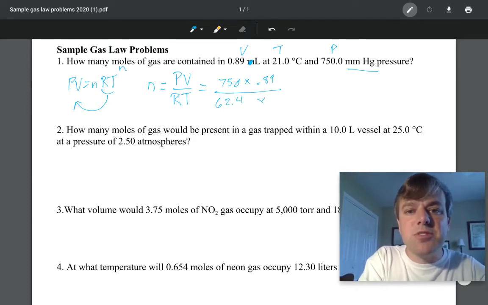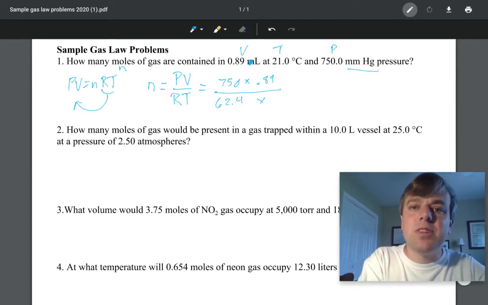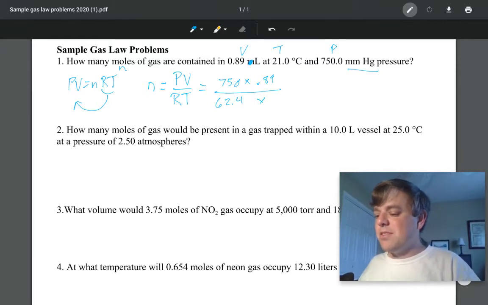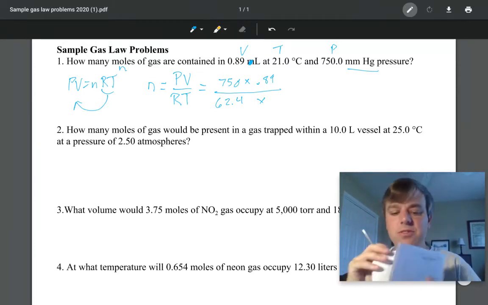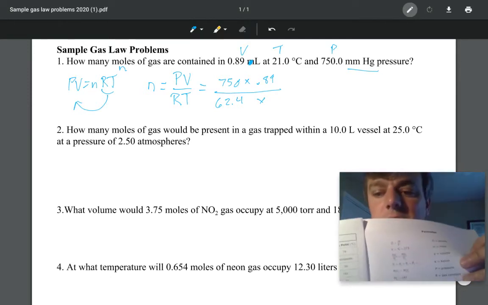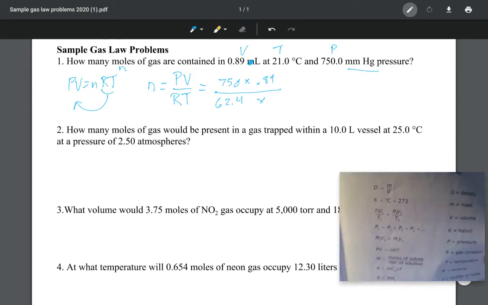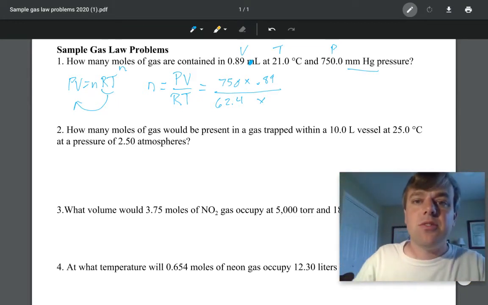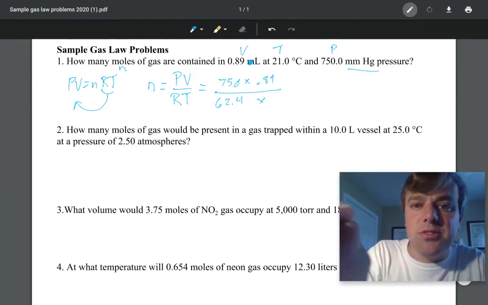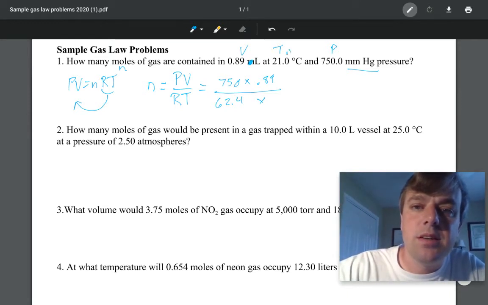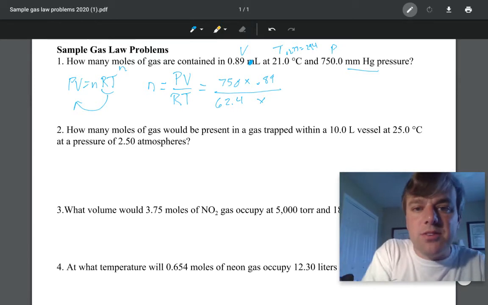And our temperature is not 21 Celsius. We need to convert that to kelvins, which, if we remember on page 3 of our reference tables, we do by adding 273. So 273 plus 21 is going to be 294 kelvins.